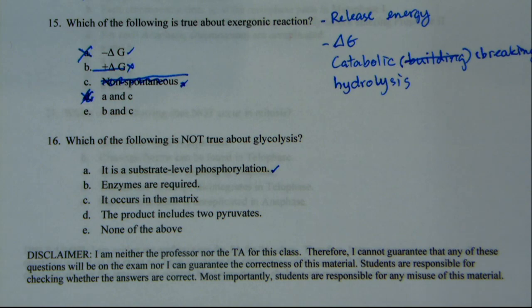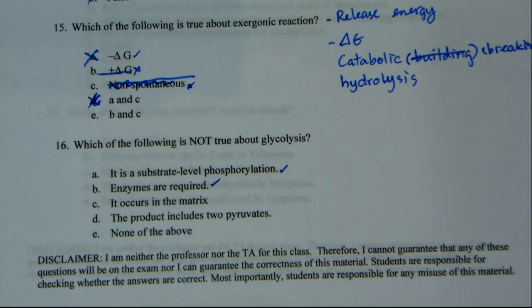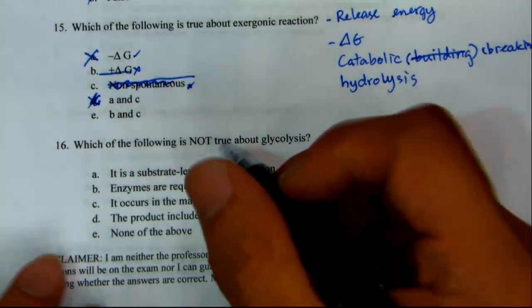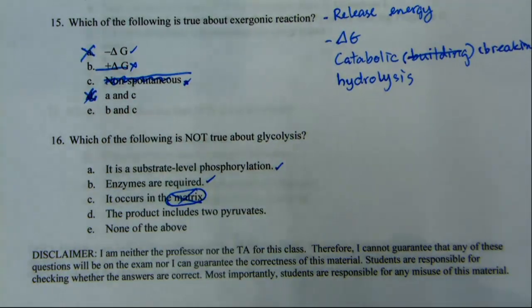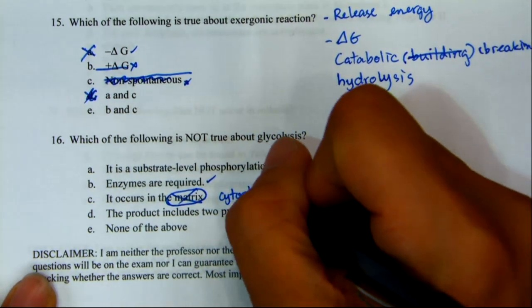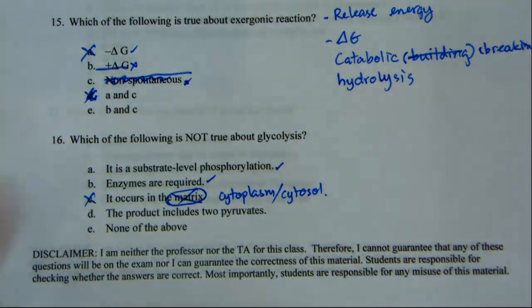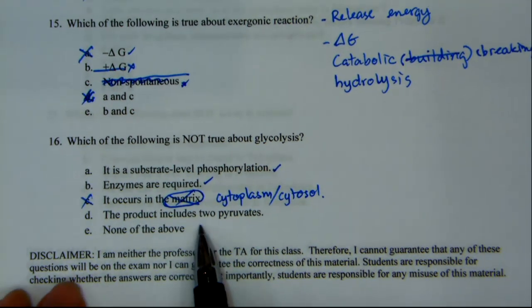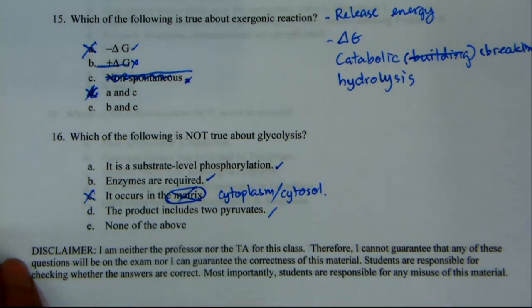If it's substrate level, it also requires enzymes, right? Does glycolysis occur in the matrix? So this is the problem. It's not in the matrix. Where is it happening? Cytoplasm, or cytosol, right? So the answer is this one. Let's look a little more. The product includes 2 pyruvates. Is that correct? Yes, right.